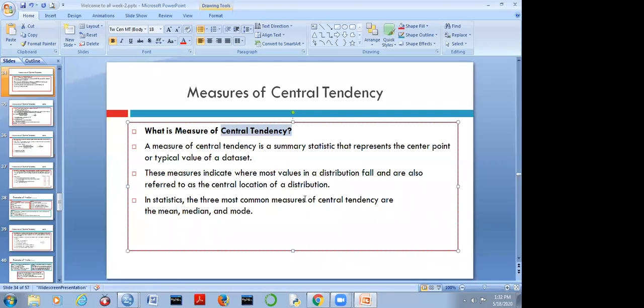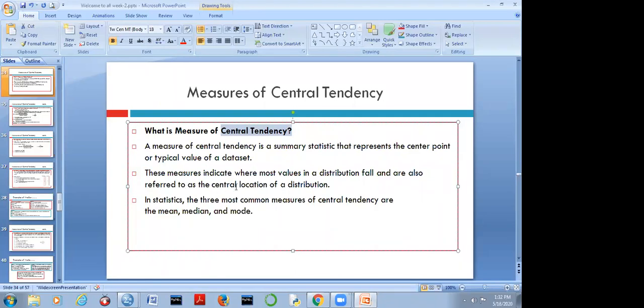मतलब क्या होगा, सेंट्रल पॉइंट वो तभी बनता है कि मोस्ट ऑफ द वैल्यूज उसी सेंट्रल पॉइंट के अंदर होंगे। If the class has 60 students and the central point is 20, then the majority of the students are in the 20 age group. Getting my point? Yeah, got it.